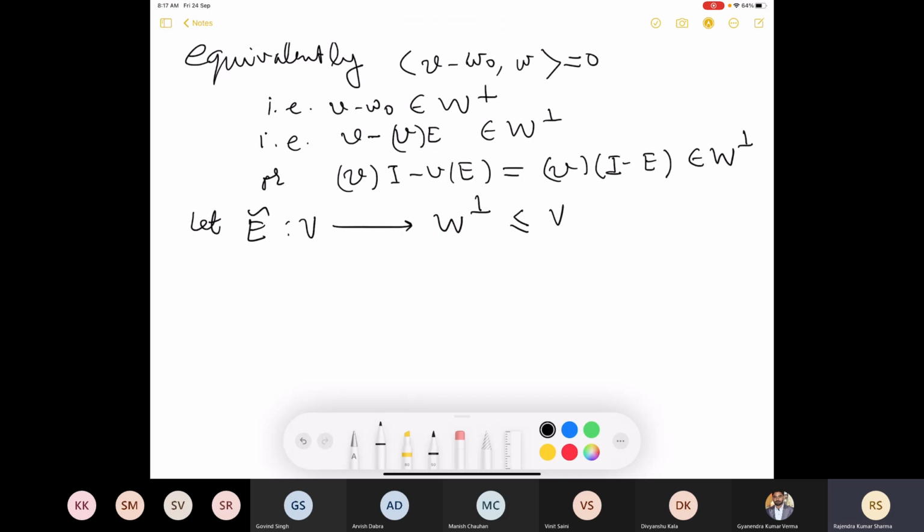It's called the orthogonal complement. So V goes to V under E tilde, and we define this as V(I minus E). That means this map E tilde is basically I minus E.